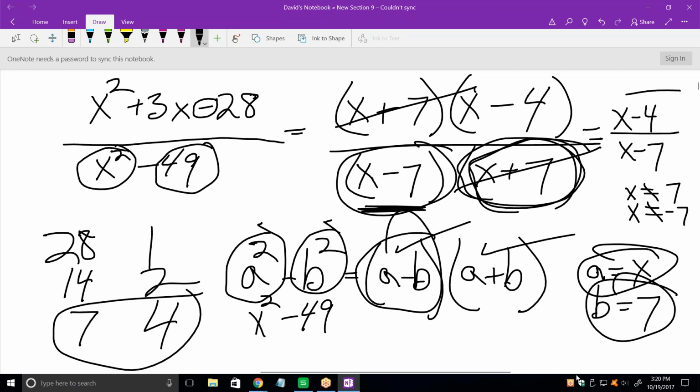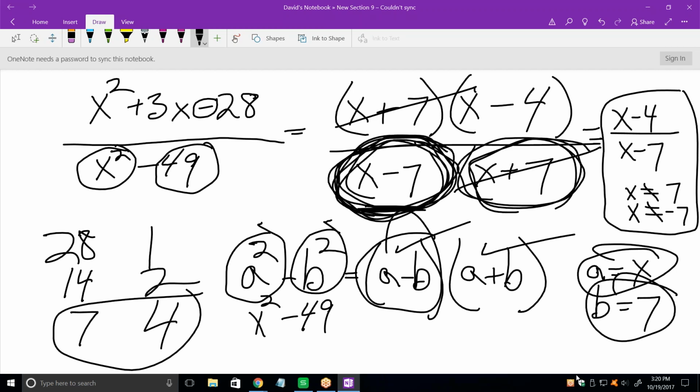So it's whatever's on the bottom and what x cannot be. No, it's you cannot divide by 0. That is the number one rule in math. Well, I'm dividing by the product of two things. If either one of these two things is 0, then I'm dividing by 0. So I cannot have x minus 7 be 0.